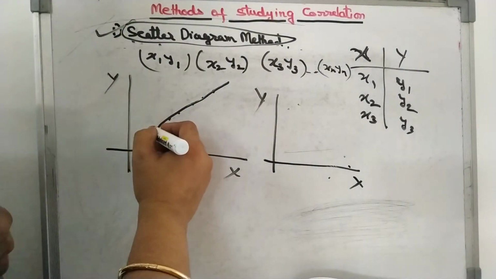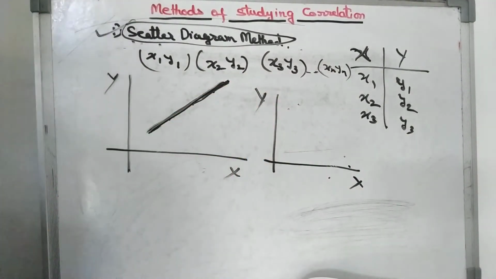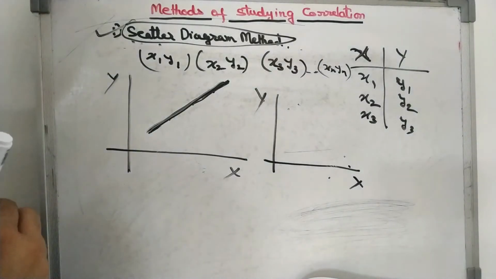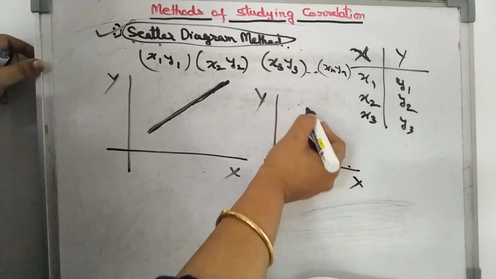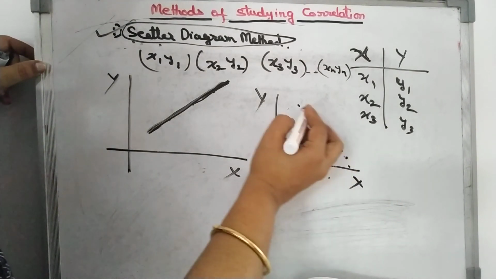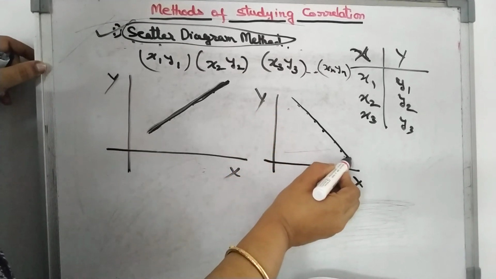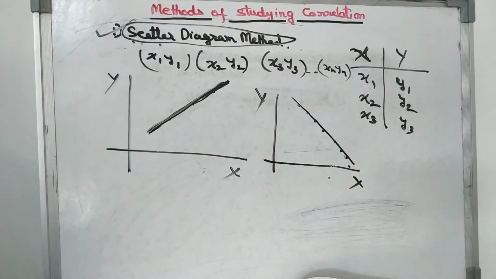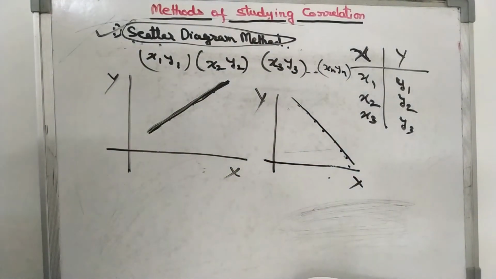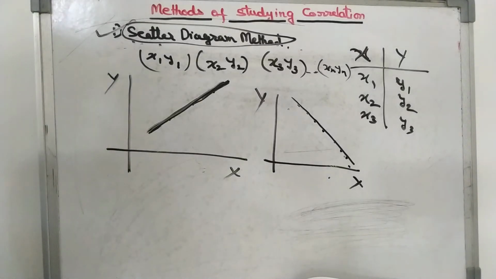Similarly, if we plot x and y and joining the coordinates gives a straight line going downward, it is called perfect negative correlation. So there is positive and negative correlation, and then perfect positive or perfect negative correlation.